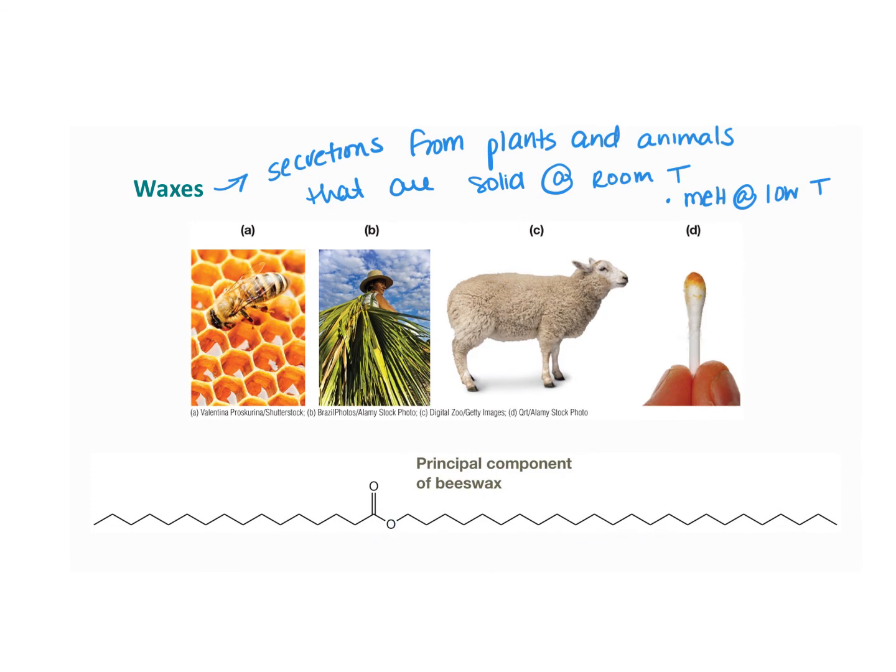It is called tetracosyl hexadecanoate. Basically, what you're going to see with waxes is that they have two really long R groups on either side with an ester linkage in between. And so that's what we're going to see as far as waxes are concerned.